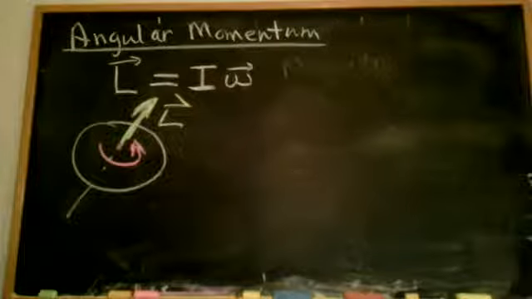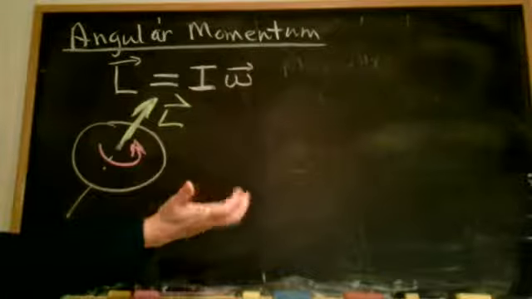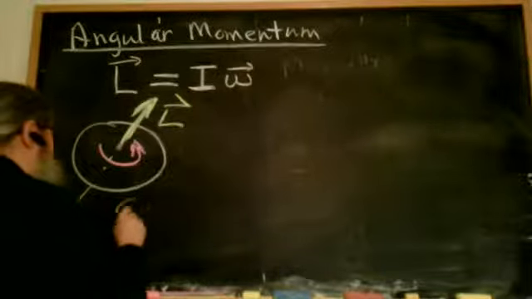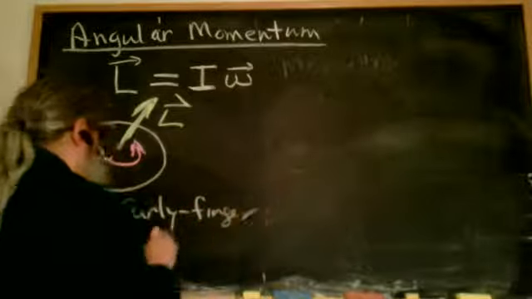So a spinning body has an angular momentum vector, and that angular momentum is pointing upward or downward, or whatever way it's pointing in accordance with the right-hand rule. So again, curly fingered right-hand rule.